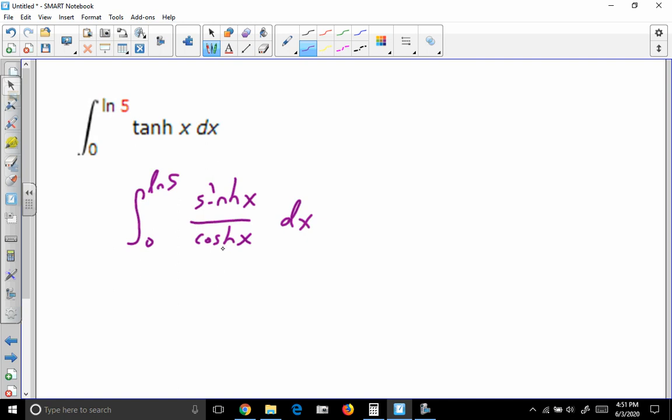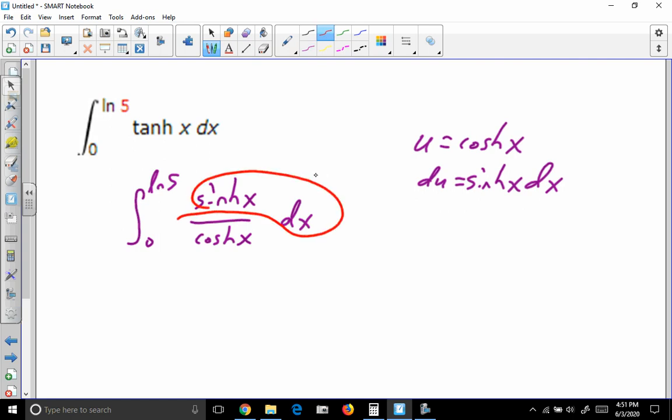We've done something similar to this back in chapter 5. If we let the denominator be u, the derivative of hyperbolic cosine is hyperbolic sine. So this part is du, this part is u.